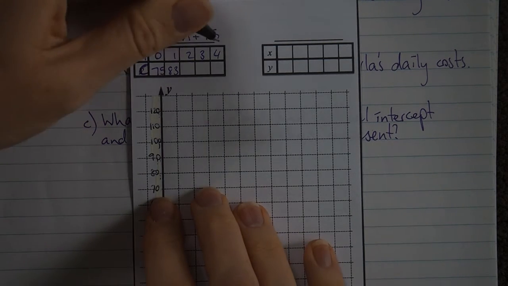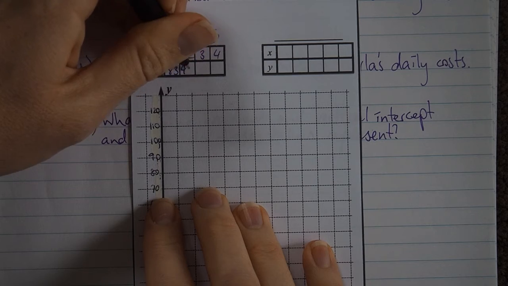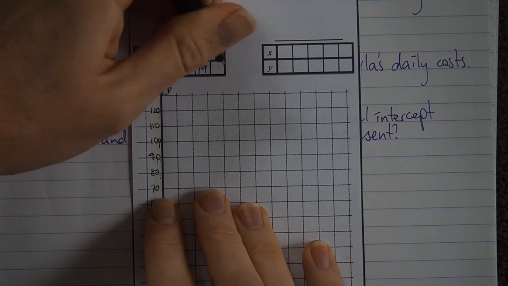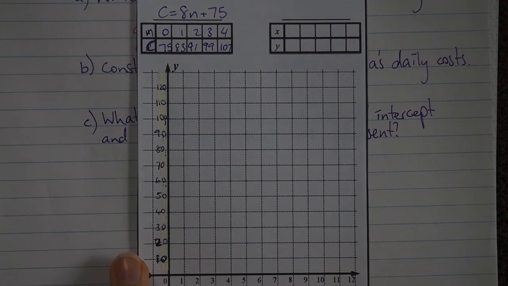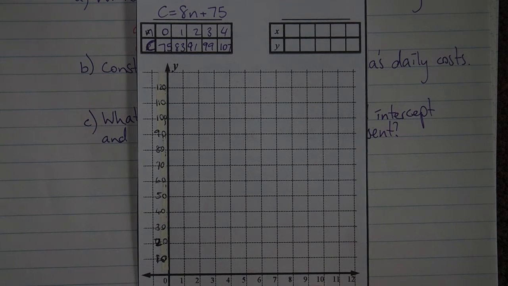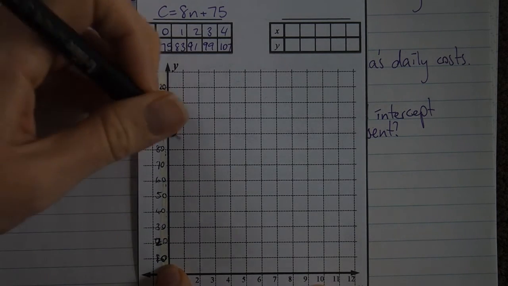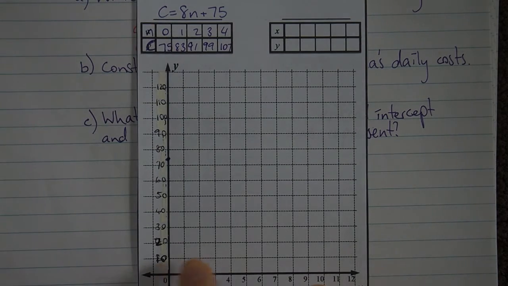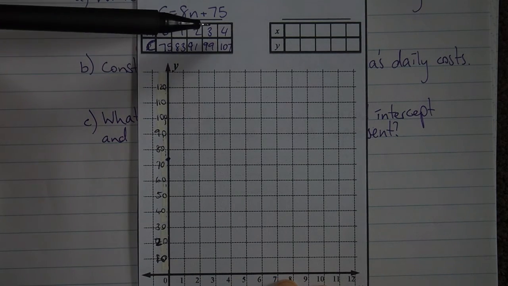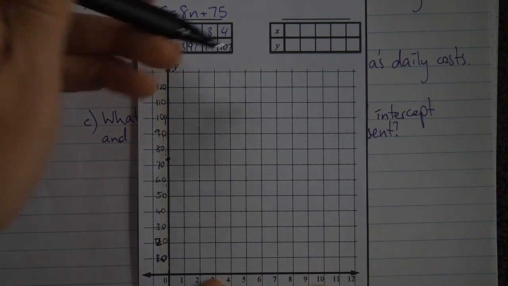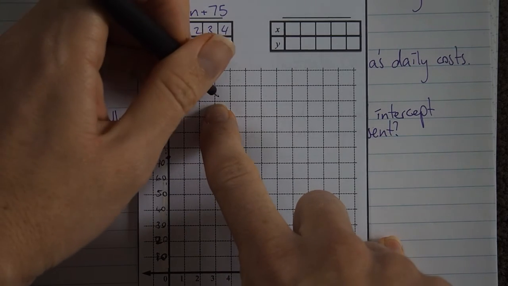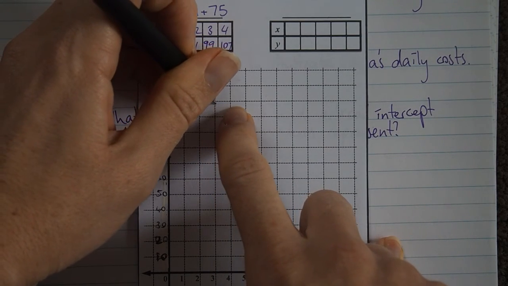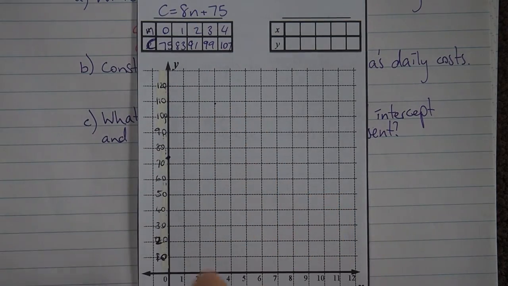Super important to remember. I'm going to fill in the rest of my values: 83 plus 8 is 91, 99, 107. They're not the nicest numbers for me to graph, but I'll do my best. 0 is 75, so that's going to be halfway there. 3 is 99, which is pretty close to 100, so I'm going to make it there just for ease of graphing.